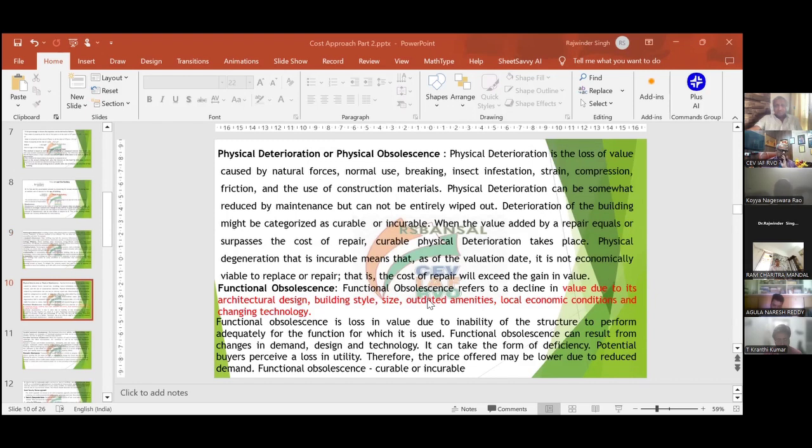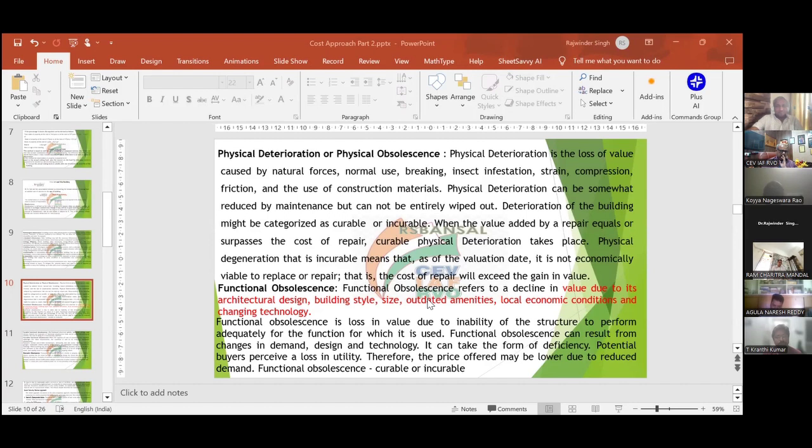Next is physical deterioration or physical obsolescence. So physical deterioration or physical obsolescence is basically depreciation, physical depreciation. It is loss in value caused by natural forces, normal use, breaking, insect infestation, strain, compression, friction, and the use of various types of materials.